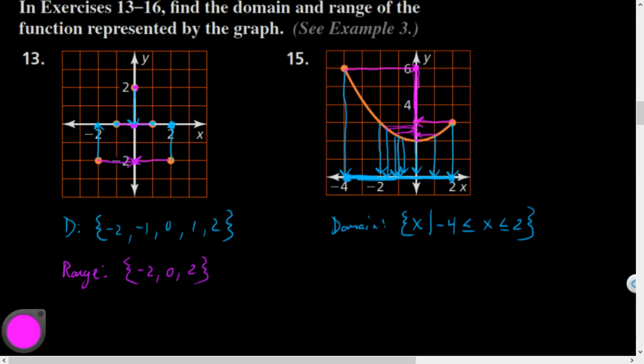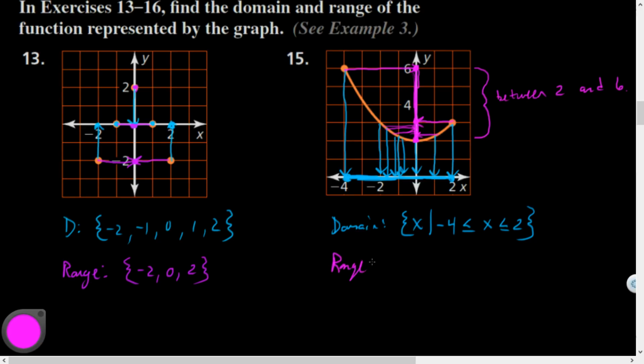And the lowest point on my graph is 2. So it looks as though this is between 2 and 6. Would you guys agree with that, right? The lowest point is 2. The lowest point is not this point, right? I think you agree.